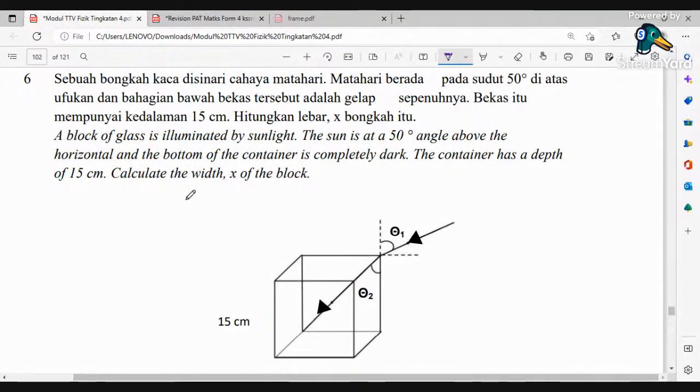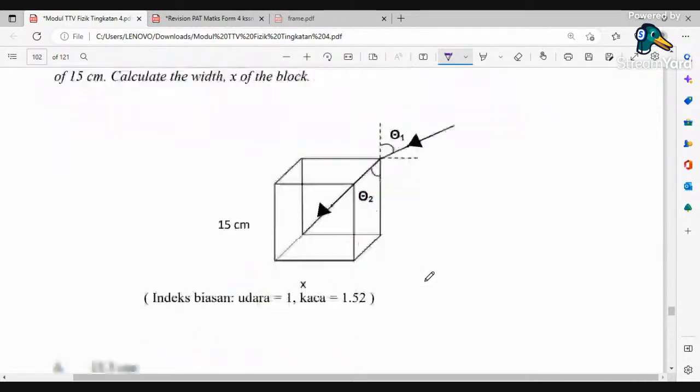Number 6. A block of glass is illuminated by sunlight. The sun is at 50 degrees angle above the horizontal and the bottom of the container is completely dark. The container has a depth of 15 centimeter. Calculate the width X of the block. Ini X, dia minta you cari X ini.